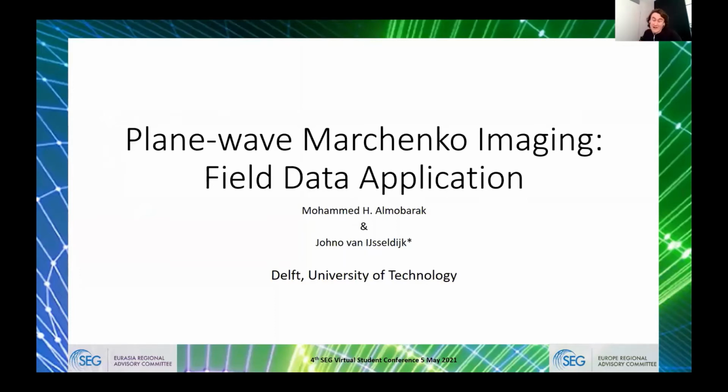Again, I guess everyone has some ideas of plane waves, some ideas of imaging, but this Marchenko might be really unfamiliar to you. And then for the second part of my presentation, I will show you what Mohammed actually did with this method and how he applied this to a field data set.